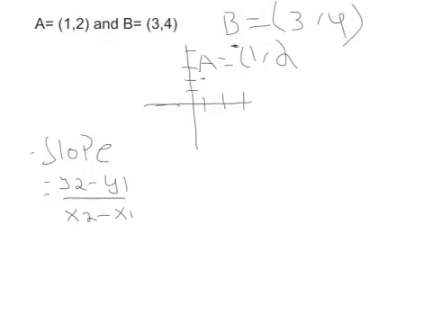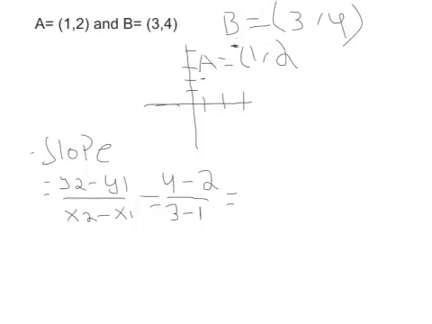So now we're going to substitute. So we know that y2 is 4, and we know that y1 is 2. And now we also know that x2 is 3 and x1 is 1.